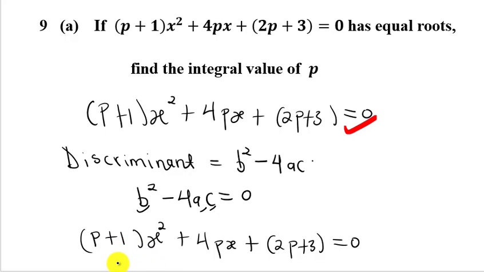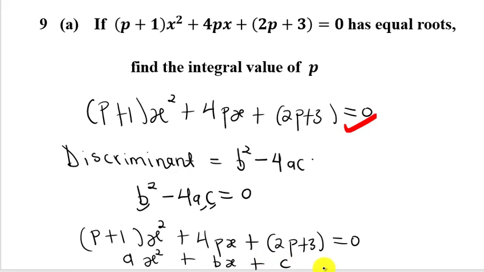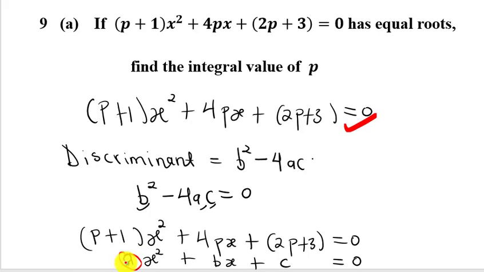We compare this to the general quadratic equation, ax² + bx + c = 0. Now a represents the coefficient of x² in the general quadratic equation.